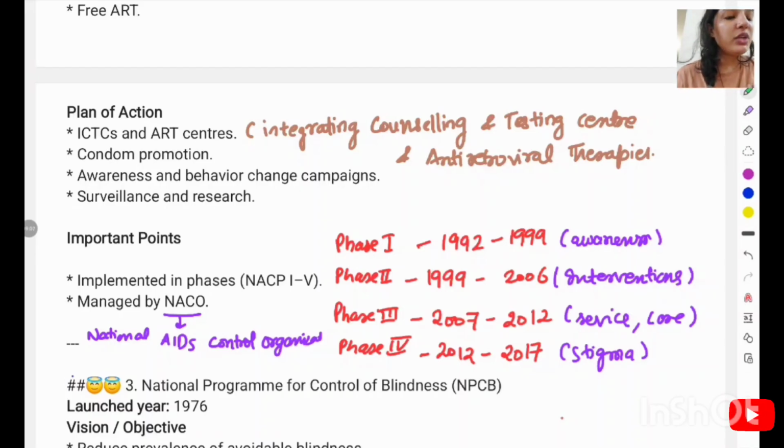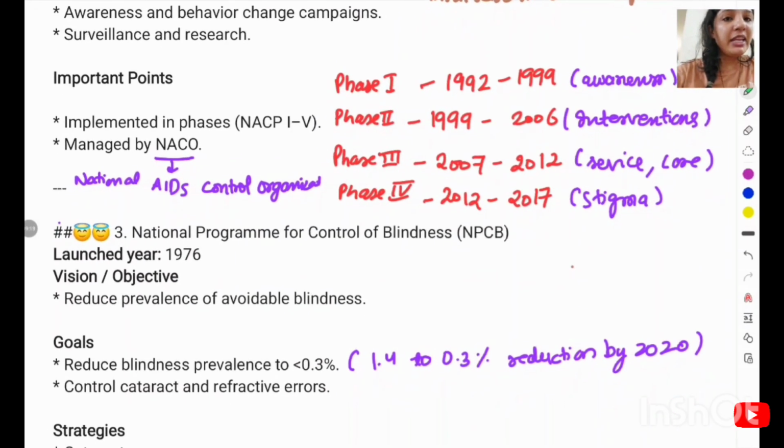Phase 3, 2007 to 2012, focused mainly on service and care. And the fourth phase, 2012 to 2017, was mainly stigma prevention and IEC promotion. It is managed by an organization, NACO, the National AIDS Control Organization.